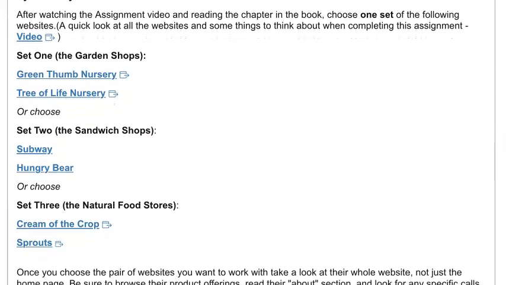And then Hungry Bear, how are they reaching out? What is it that they put in their website that makes them appealing to a more defined market? Because people are not going to travel across the world to come to Hungry Bear, but if they're nearby, they might go there because they do have delicious sandwiches. I know because I've eaten at both of these locations. I've shopped at both Green Thumb and Tree of Life.